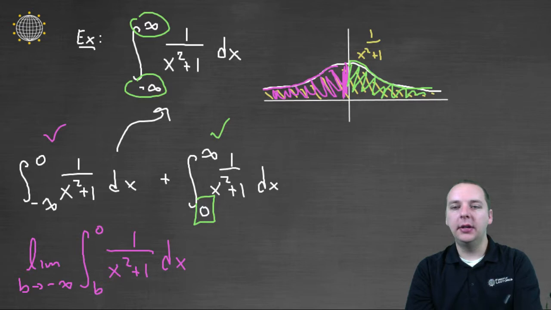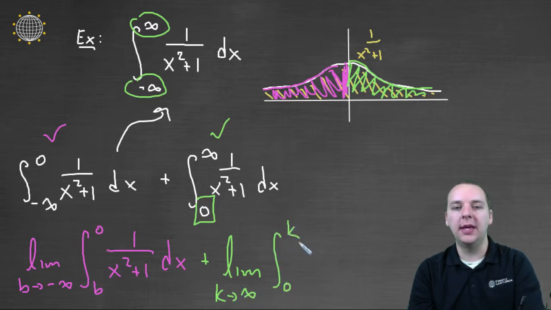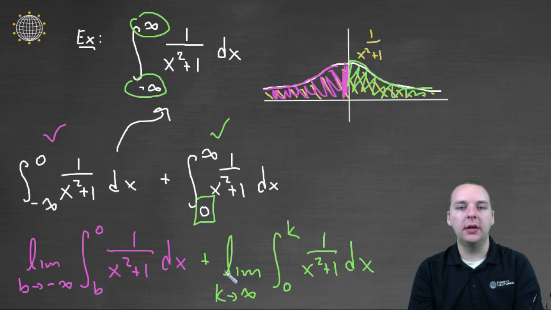And then in green, let me switch colors. The green one will be the limit, and we just need a different letter other than b. We'll do like k. k goes to infinity for the integral from 0 to k of 1 over x squared plus 1 dx. Okay, very nice.